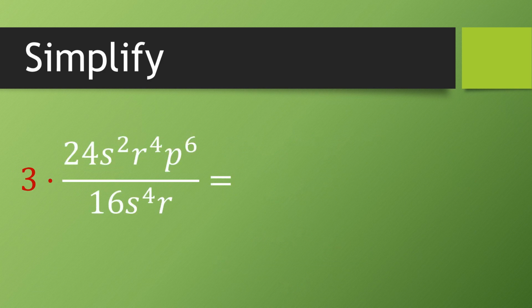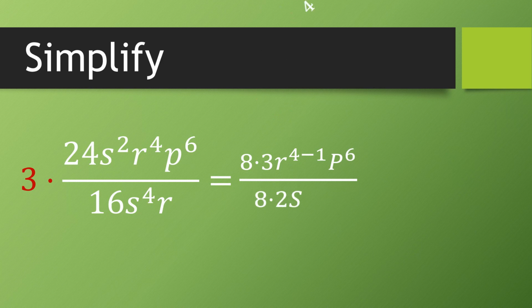Next, number 3. We will first bring all the variables to the part where the exponent is higher than the other. So we have 8 times 3, which is the factor of 24, r raised to 4 minus 1, p raised to 6 over 8 times 2, which is the factor of 16, s raised to the 4th power minus 2.